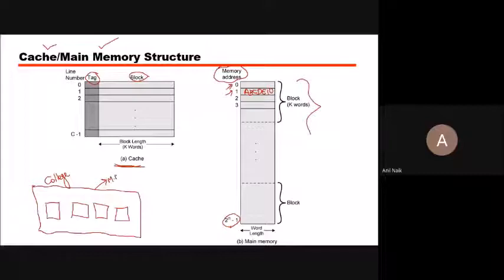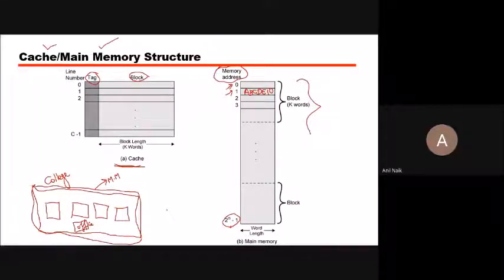Main memory means all the departments will come, the office will come. So it is a complete college.